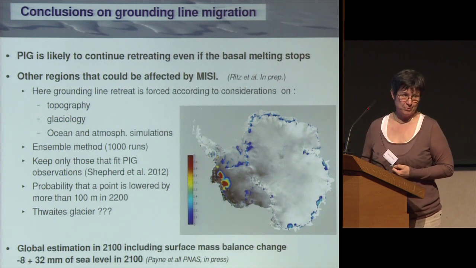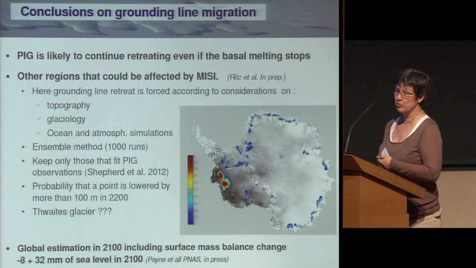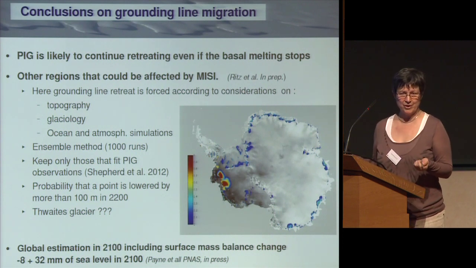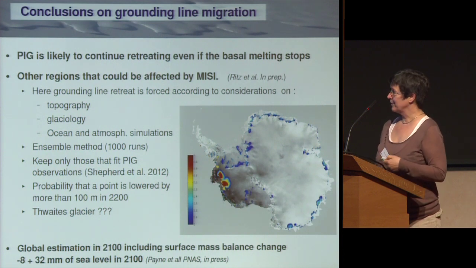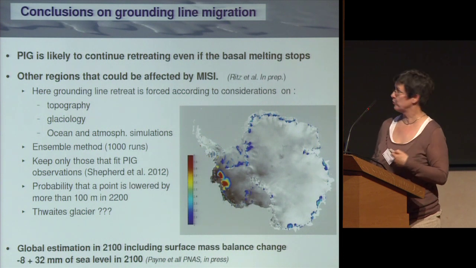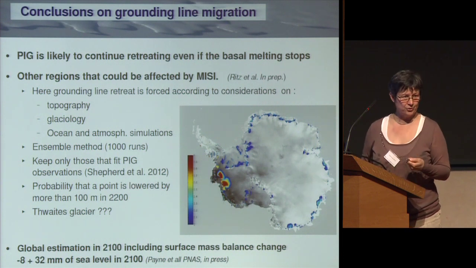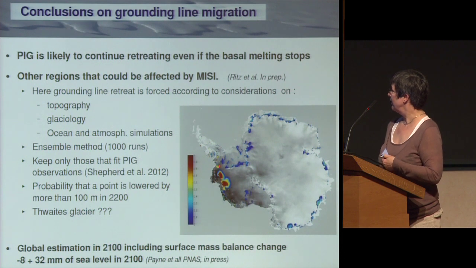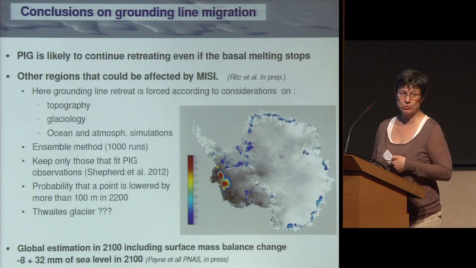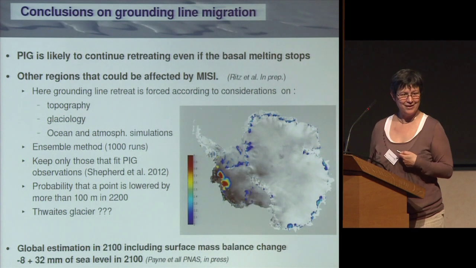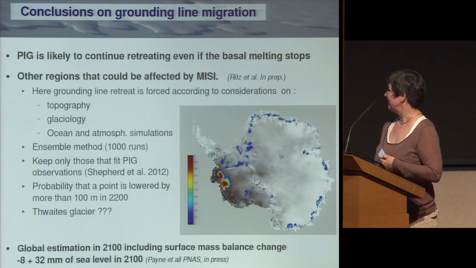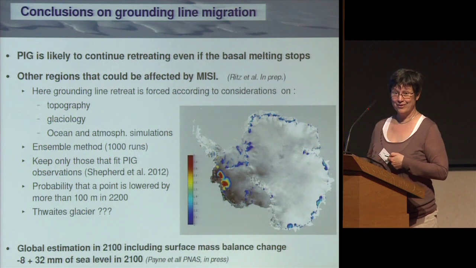Other regions could be affected by this process, and here is another simulation, not done with the same model. It is done with Grizzly, which is a coarser grid model, but where the grounding line can be forced to retreat to check where the regions are, and this is a probability of having a lowering of more than 100 meters. You recognize Pine Island, but there is another glacier, Thwaites, just beside, that is much more dangerous in terms of numbers, because the basin is much larger, and we don't know whether it will retreat or not.